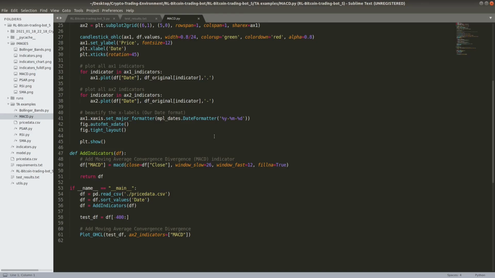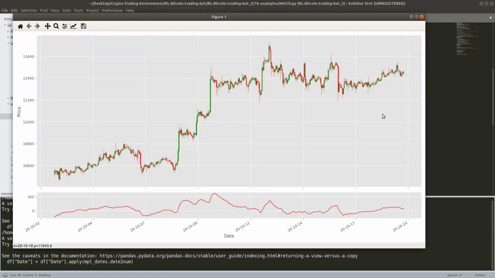Traders might place a buy order once the MACD crosses above its signal line and sell the security once the MACD crosses below the signal line. Moving average convergence divergence indicators are often interpreted in several ways. However, the most common methods are divergence, crossovers, and fast rises in line. So actually, I'll show it to you as before.